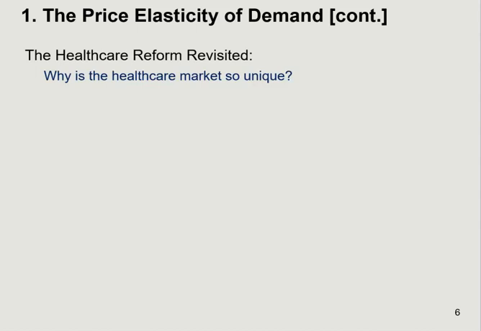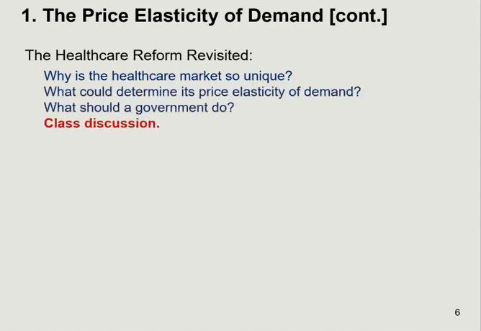In other words, people desperately want to get the medical treatment if needed, regardless of the price, for most of us. Here, I would encourage you to think about what could determine its price elasticity of demand on this market, based upon our discussion in the previous video. And also think about what a government should do, okay?